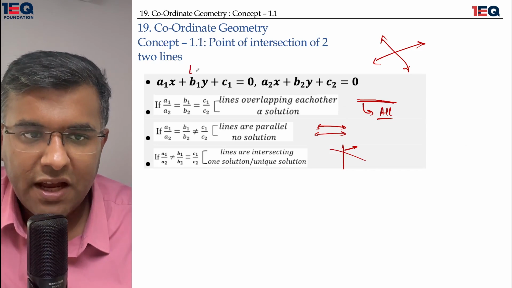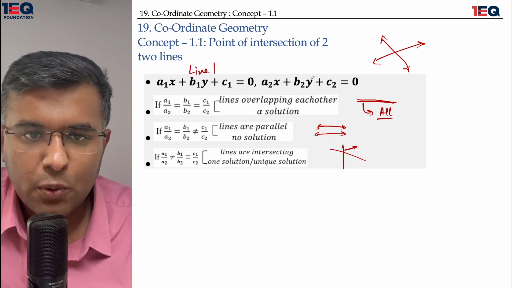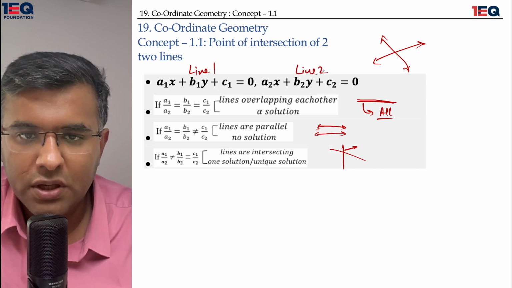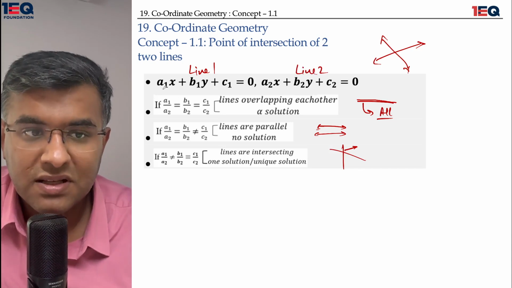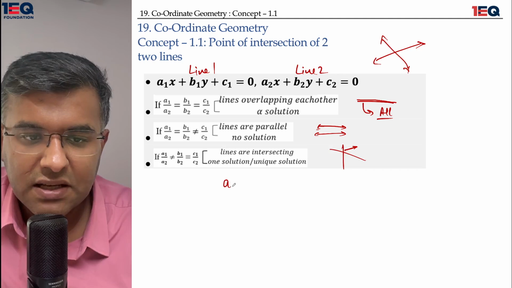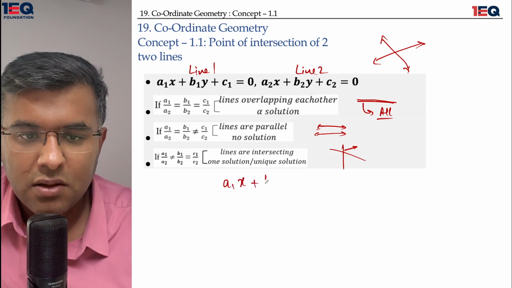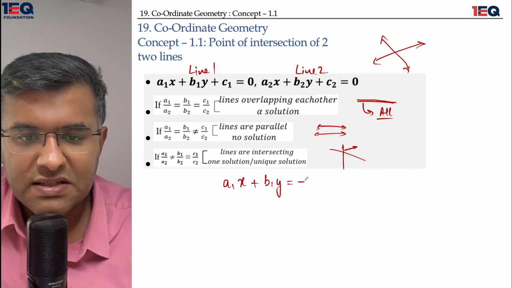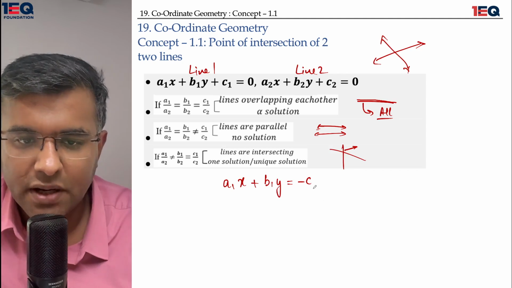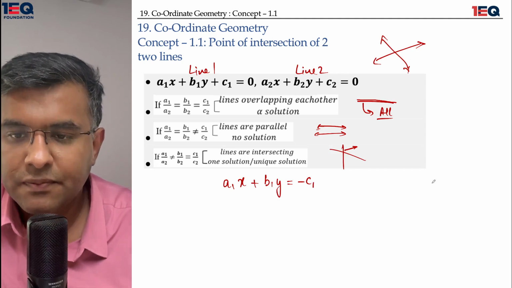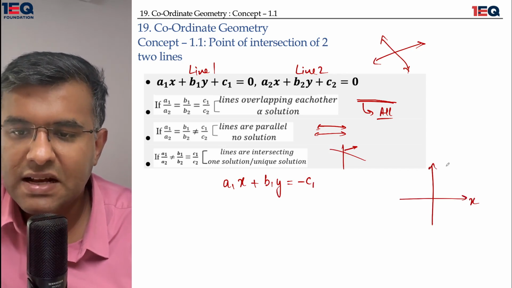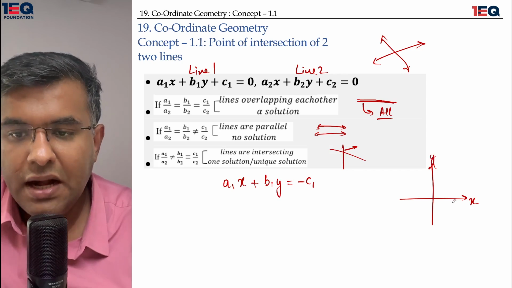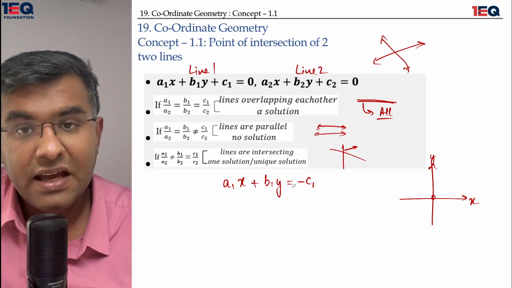So we have line 1 here, we have the equation of line 1 here, we have line 2 here. Let me help you understand and read what this equation talks about. When I say a1x plus b1y is equal to, let me assume, minus c1. What is happening here is that we have a coordinate plane. This is the x axis and this is the y axis, and in this coordinate plane this line is drawn.